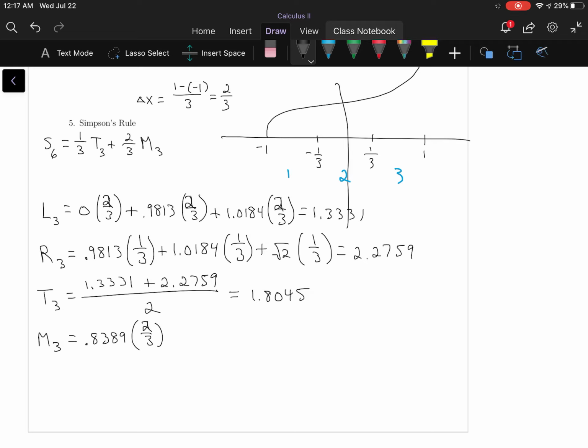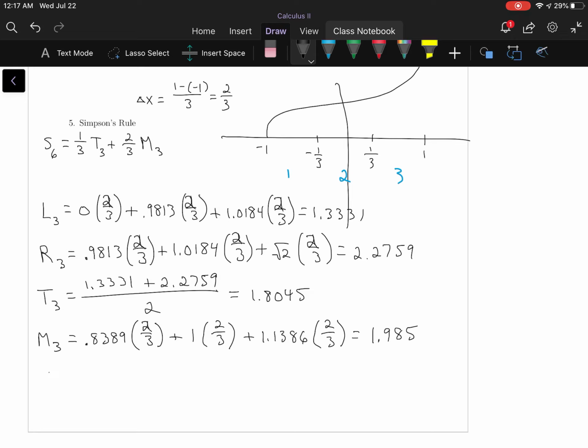I apologize, because all the bin widths are 2/3 now. And then continuing with the midpoint approximation, the second interval has a midpoint at 0, so that's going to be 1 times 2/3, plus f of 2/3, which is 1.1386, times 2/3. And this approximation is about 1.985.